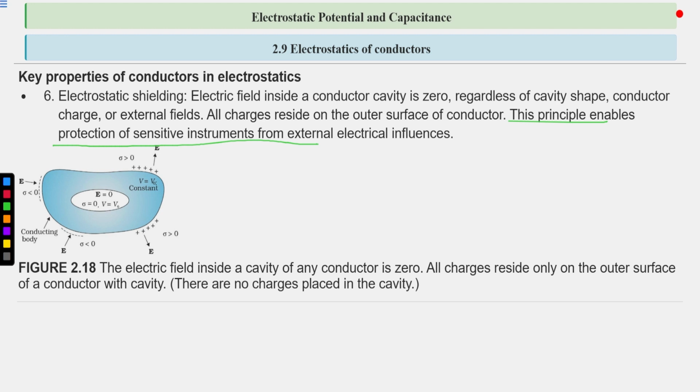This type of cavity and configuration is also known as a Faraday cage. So these are Faraday cages that are used to protect sensitive instruments from external electrical influences.